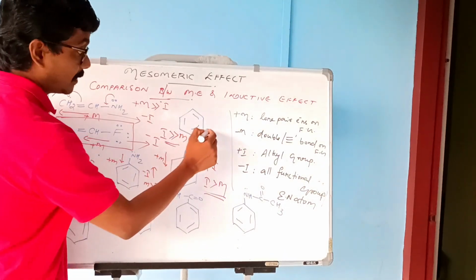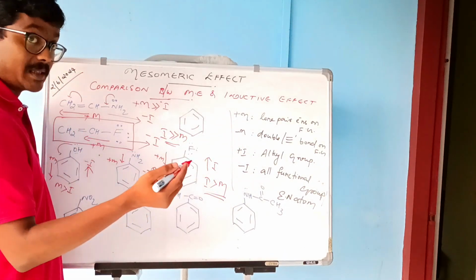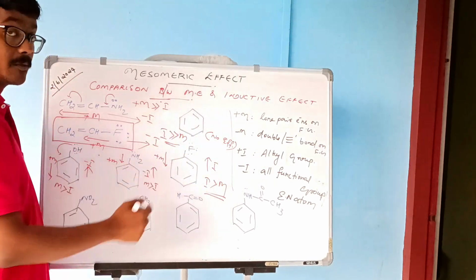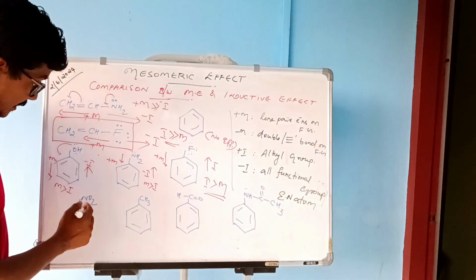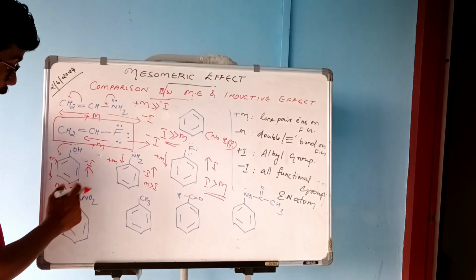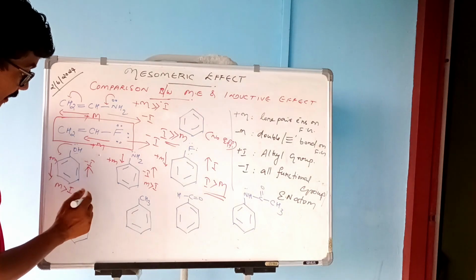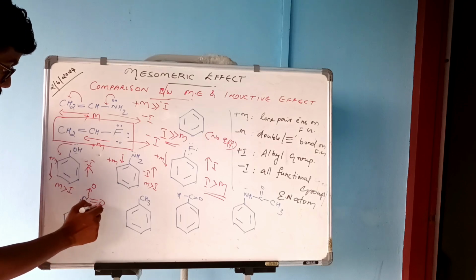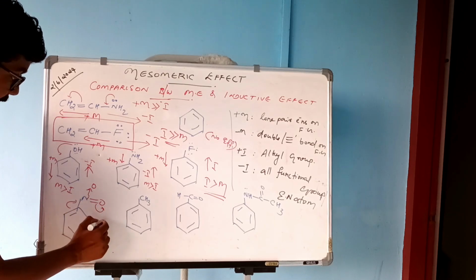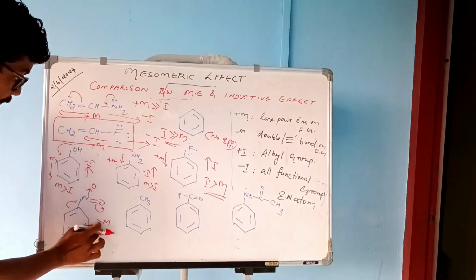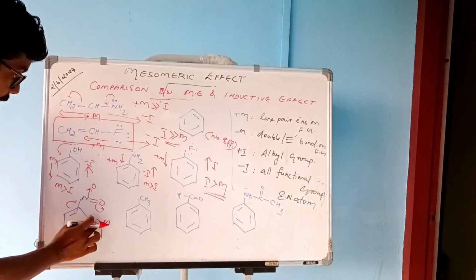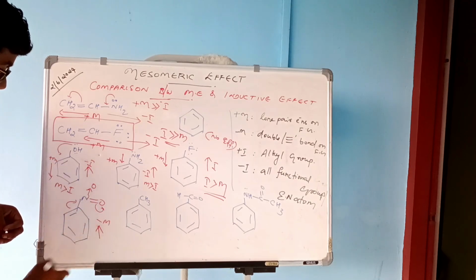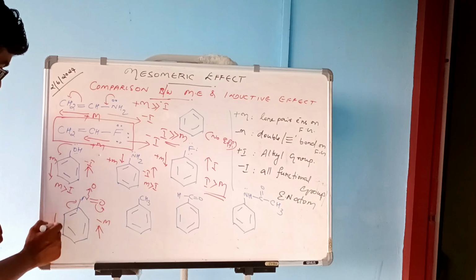When we consider a benzene ring, there is no inductive or mesomeric effect, so no effects, because of the absence of a functional group. When we consider the NO2 group, what is going to happen? NO2 has a minus effect because we can write NO2 with a double bond to O. So the electrons will move here, and the minus M effect is in this direction, and the minus I effect is also in this direction.